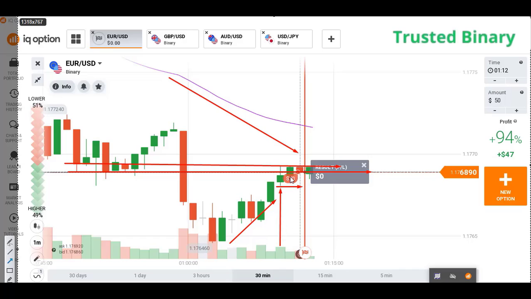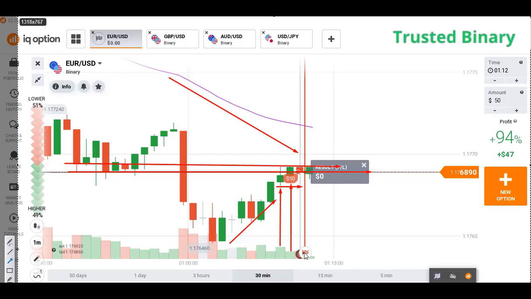Again the market goes up. So we found upper rejection from sellers, and this is a strong rejection from sellers. Sellers already entered in this candle, and this small rejection confirmed to me the next candle obviously goes down.